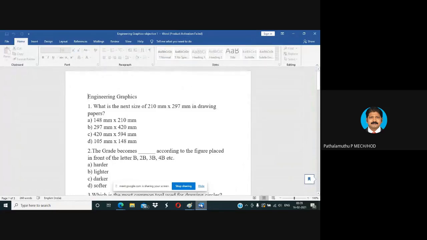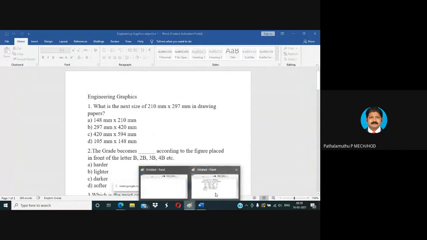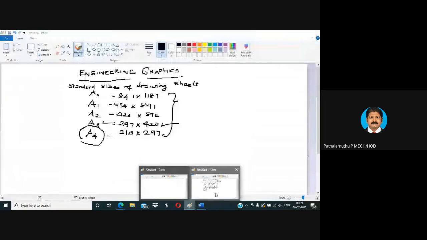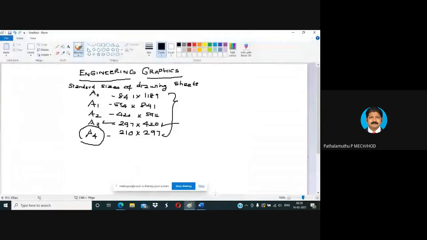The choices are harder, lighter, darker, softer. In engineering drawing, pencils are made in many grades. The HB grade represents medium soft.